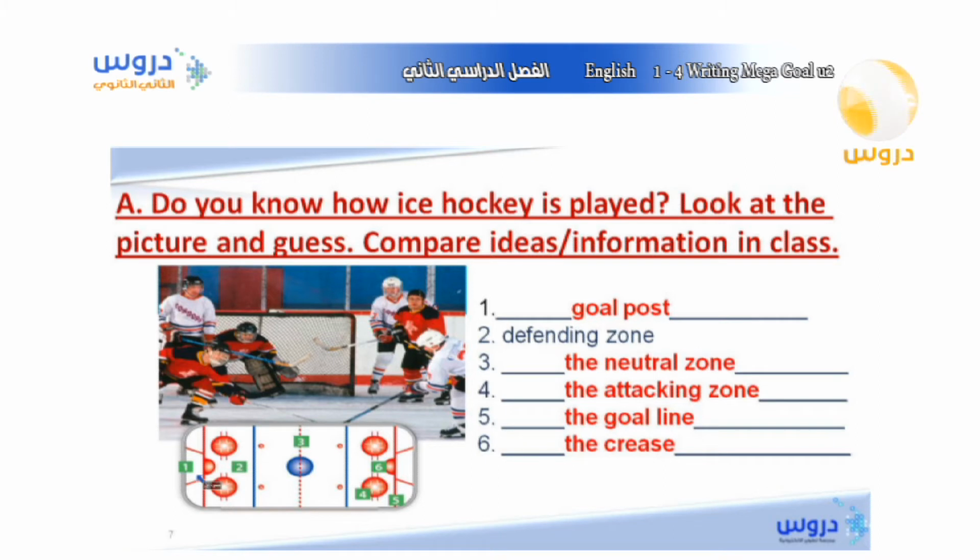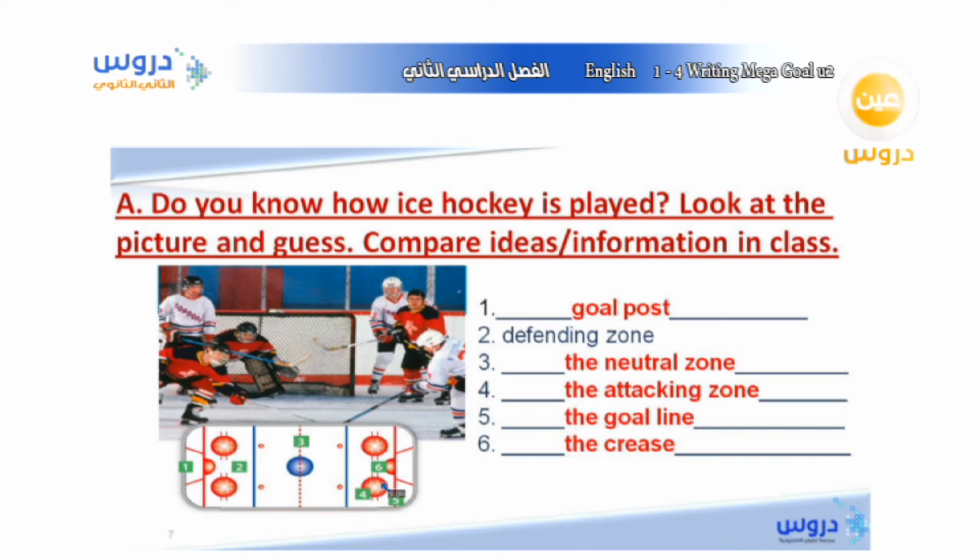For example, the first one here, we call it the goal post. Defending zone, number 2, where you can defend. Number 3, the neutral zone in the middle of the playground. The attacking zone, as you see here, number 4.